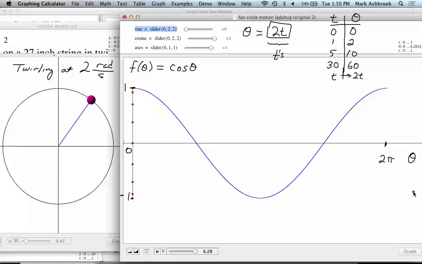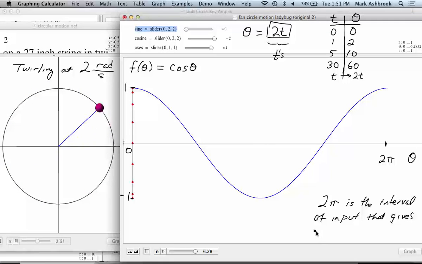Because of that, we call this one cycle. This is one cycle of output values. And as the angle keeps increasing, the ball just keeps going through the same cycle over and over again. So those horizontal distances keep repeating.